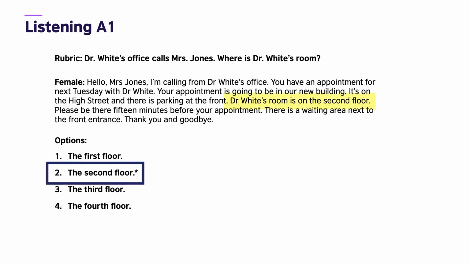The key, the second floor, appears in the text as it does in the options. There is nothing else in the text to distract the test taker from that key piece of information. In this way, the item is targeted at A1 level.